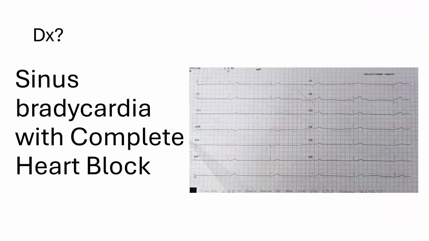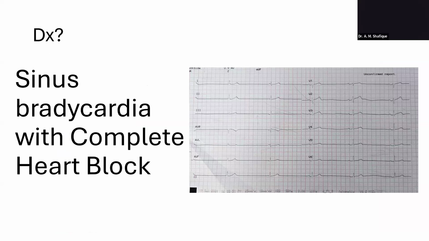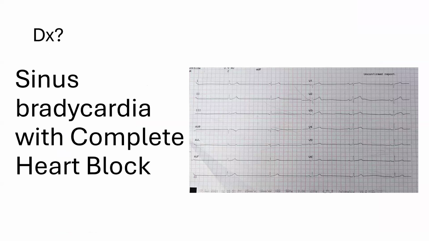So in this ECG, my diagnosis is sinus bradycardia with complete heart block. How can it be? Sinus bradycardia with complete heart block. Oh, okay. This is where I actually got stuck sometimes with what could be the ECG diagnosis.